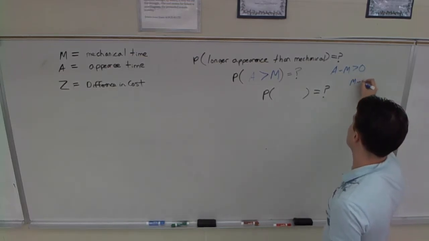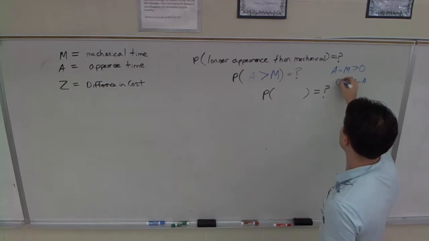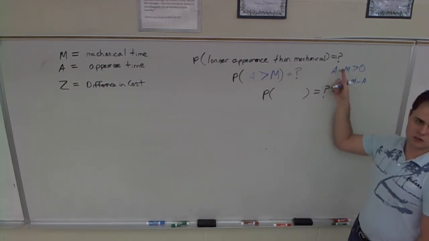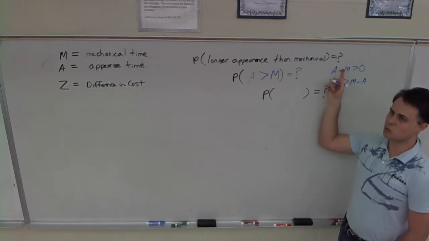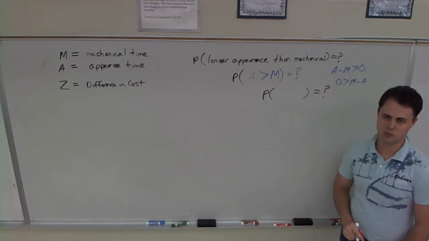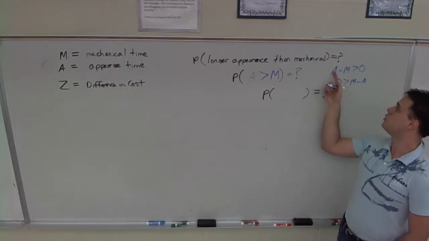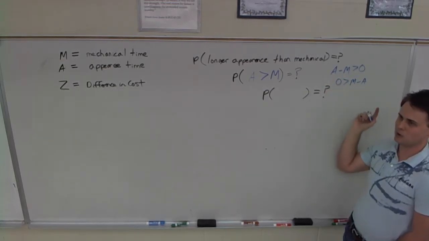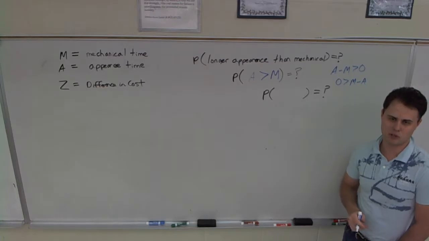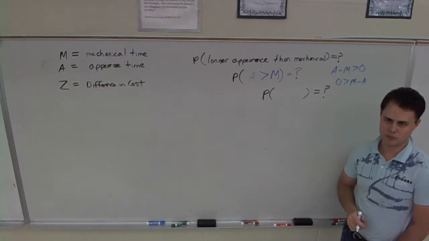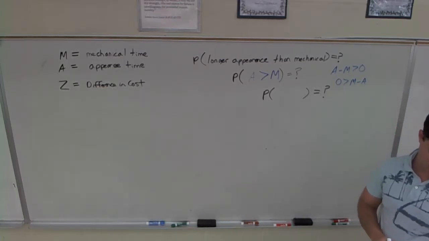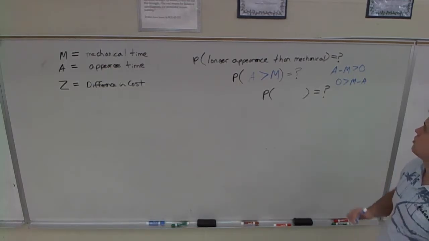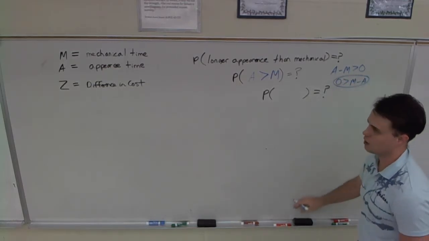We could say M minus A. Which one of these did we spend all our time doing? Because that's the one we want to use. Did we spend our time finding the expected value and the mean for M minus A or A minus M? Either one is fine, but which one did we do? We did M minus A. So I think we want to use this one.